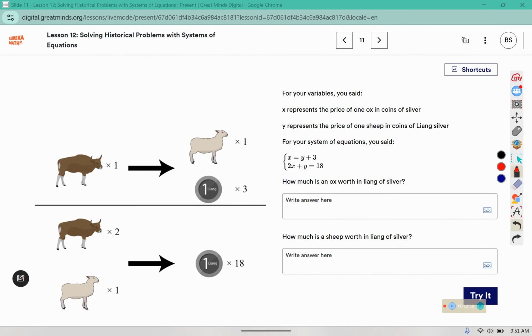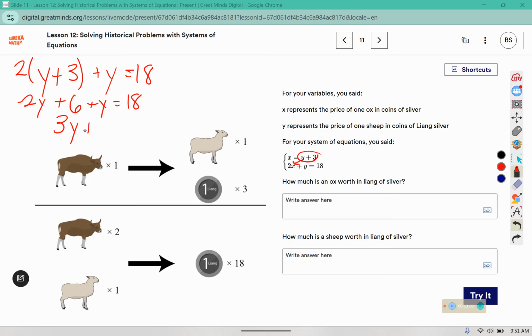We can use substitution method for this one as well. We're replacing x with y plus 3. So this will say 2 times y plus 3, plus y equals 18. 2 times y is 2y, 2 times 3 is 6, 2y plus y is 3y.